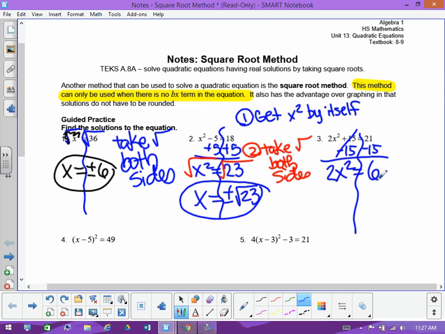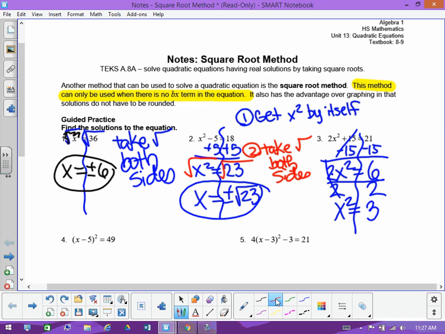Subtract? There's no additions. Right. Just the 2. That's 2 times, so what's the opposite of times? Divide. Just as if you were solving. Everybody's attention should be up here. So x squared equals 3.